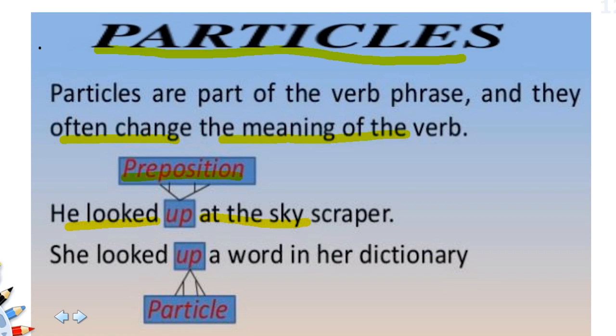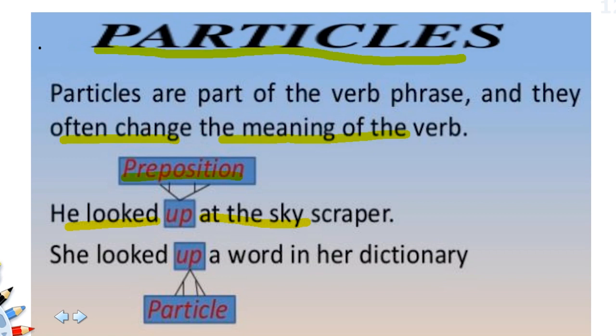This is a preposition, not an adverb. Look is the main verb, but up is a particle; especially, it's a preposition, at the skyscraper, because it connects or relates the pronoun he and the skyscraper.